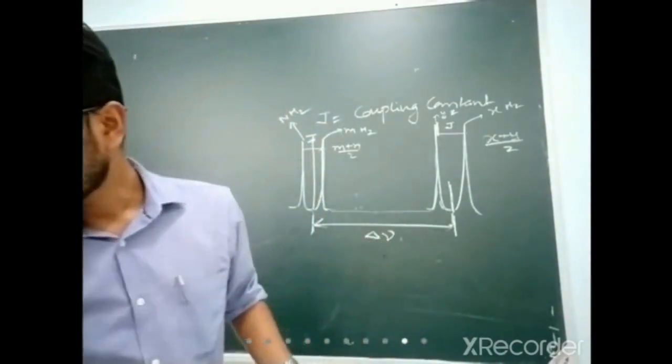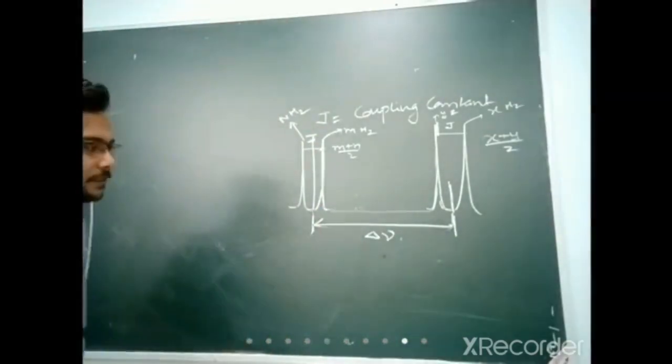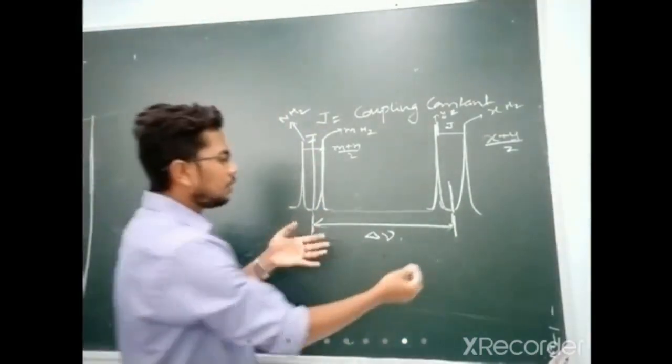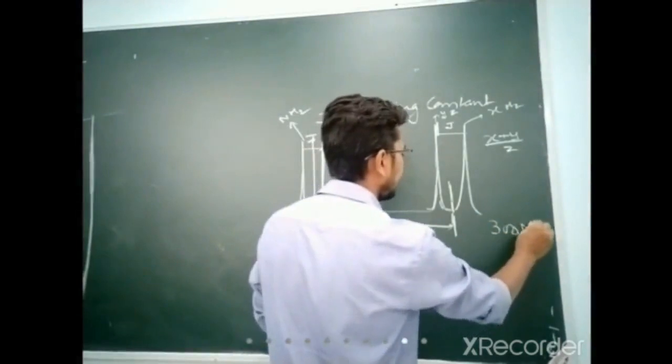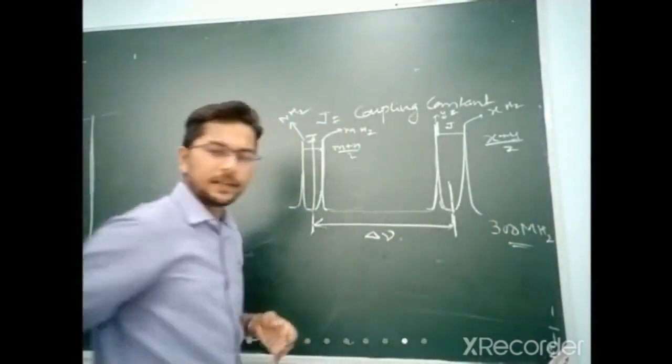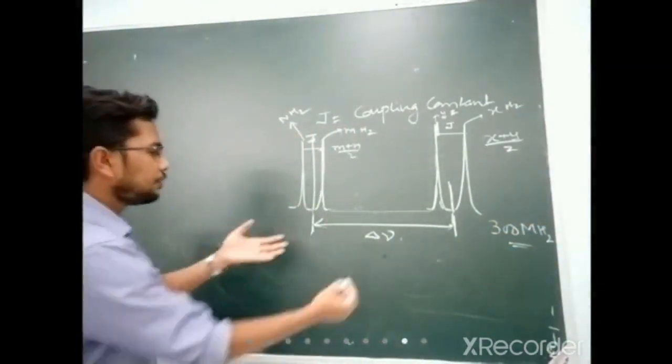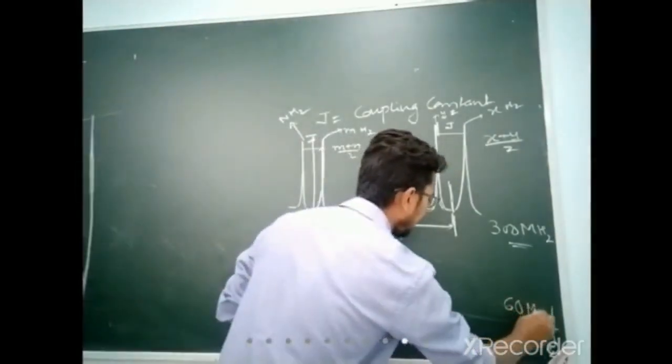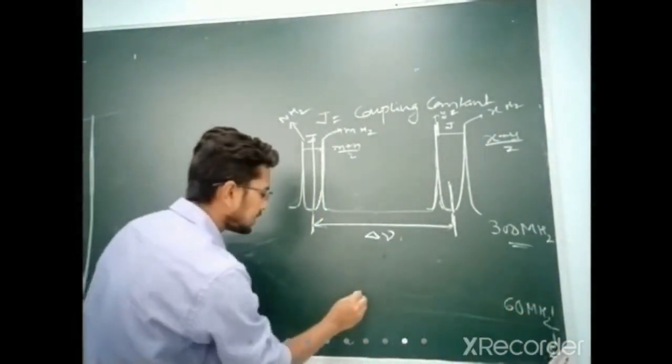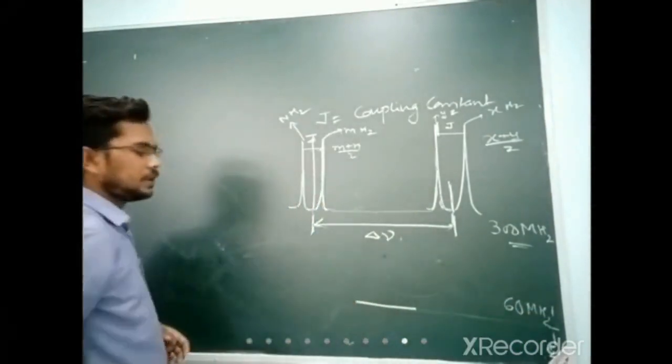Now, suppose this is in 300 megahertz NMR, and if you take it in 60 megahertz NMR, this delta nu will be small.